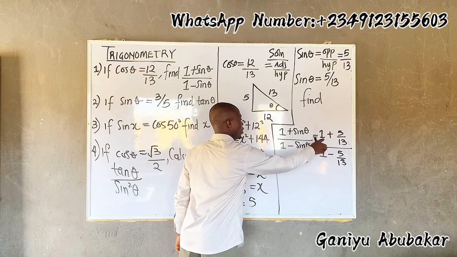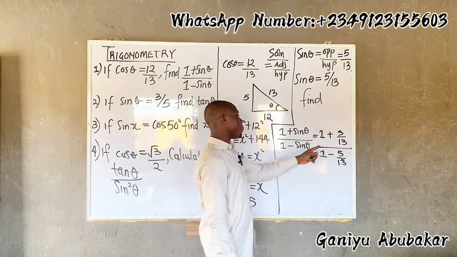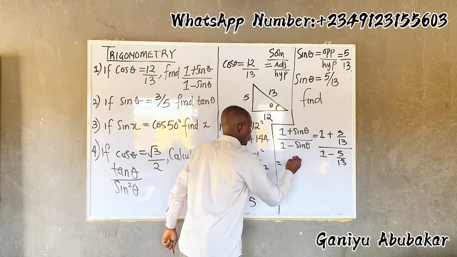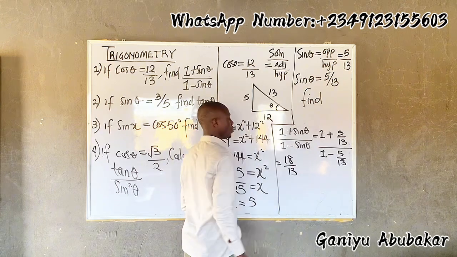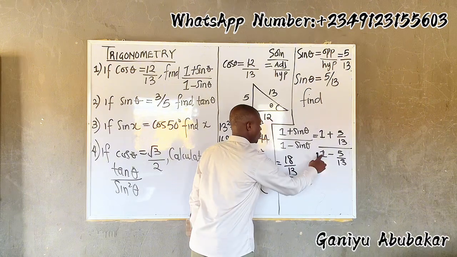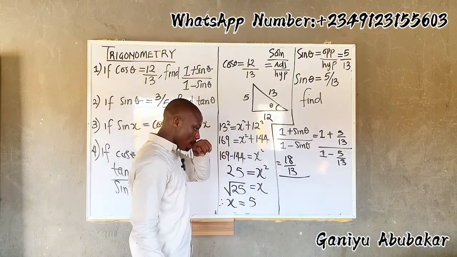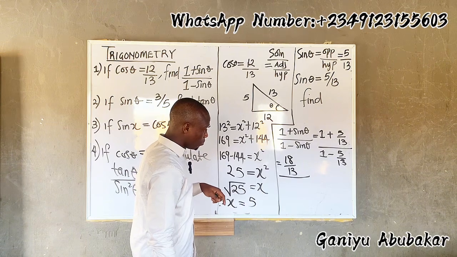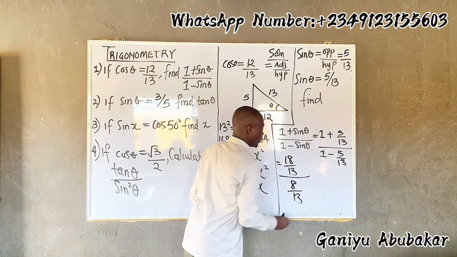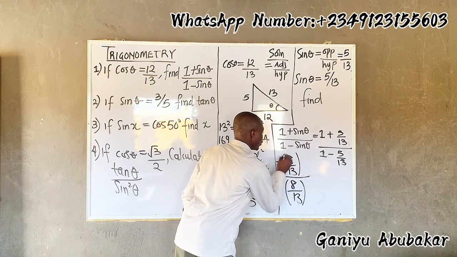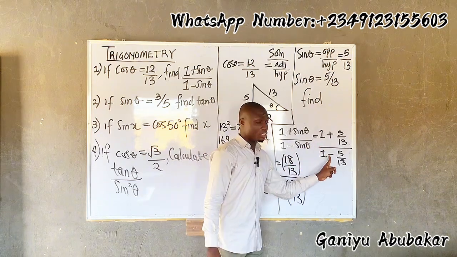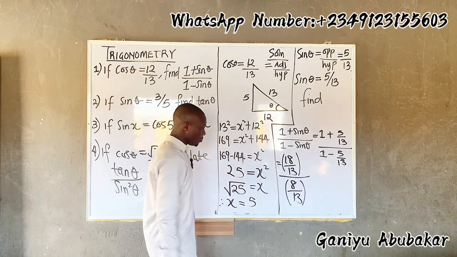If I apply fractions here, the numerator becomes 18 over 13, and the denominator gives 8 over 13.